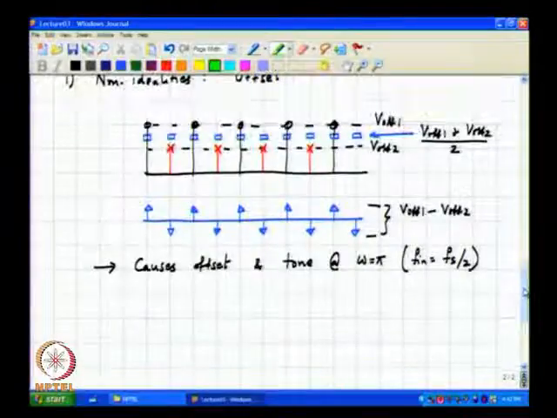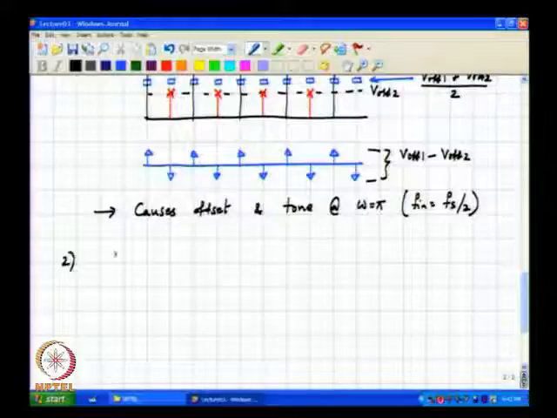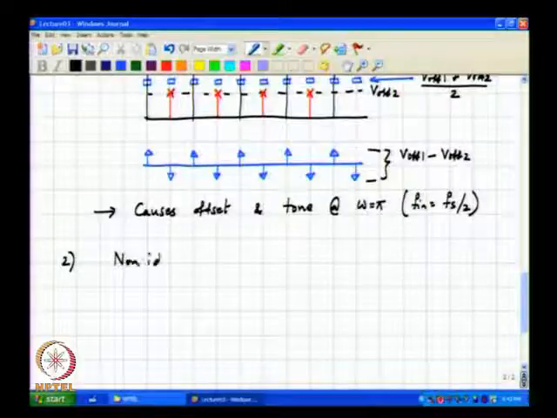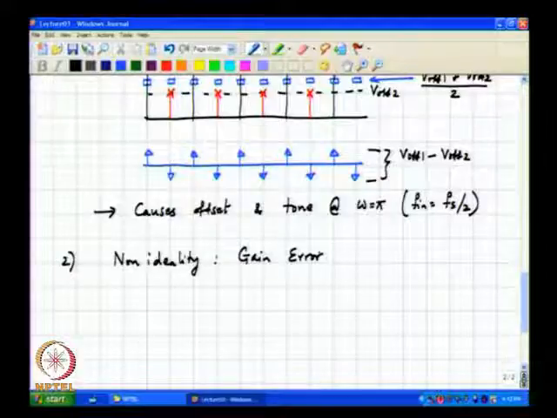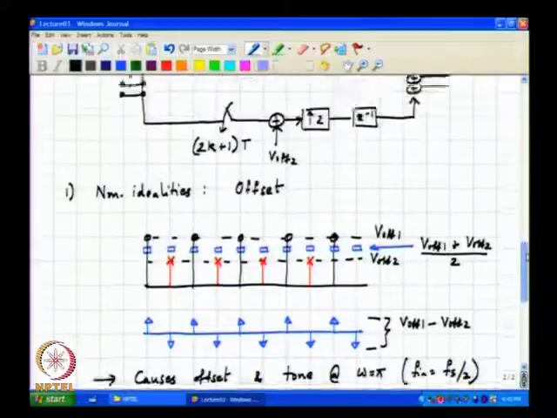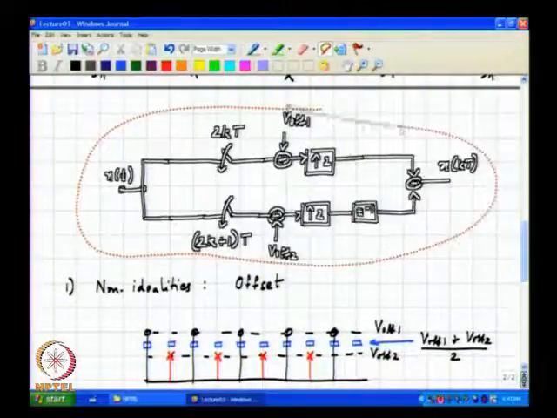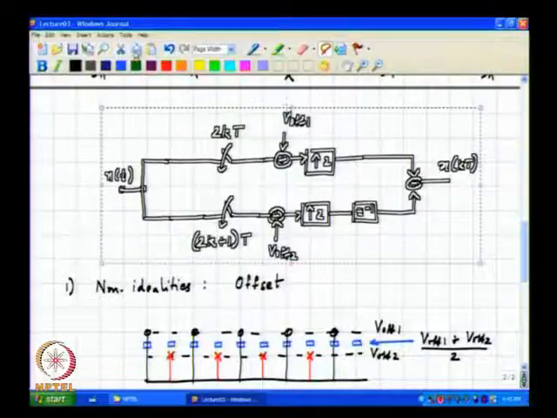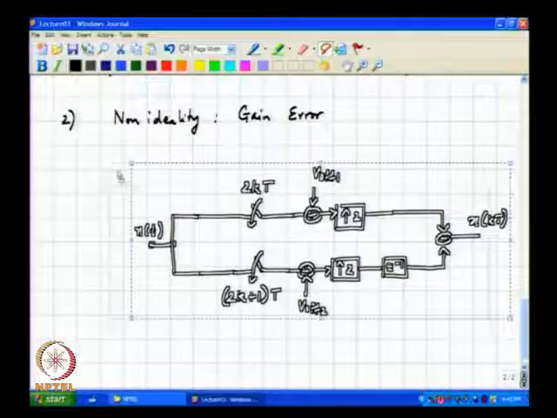Okay. The next non-ideality is gain error. So, let me again copy this and paste.